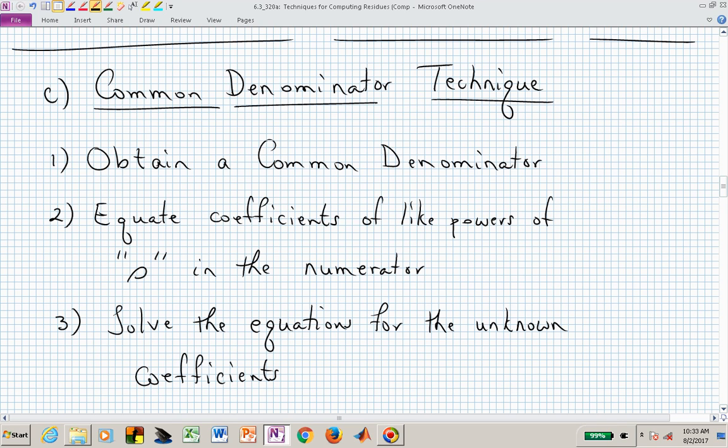And once we're in the numerator, we can just start equating coefficients of like powers of s. That will then produce, however big or whatever order that numerator is, that number of equations in the unknowns, where the unknowns are our partial fraction expansion coefficients.